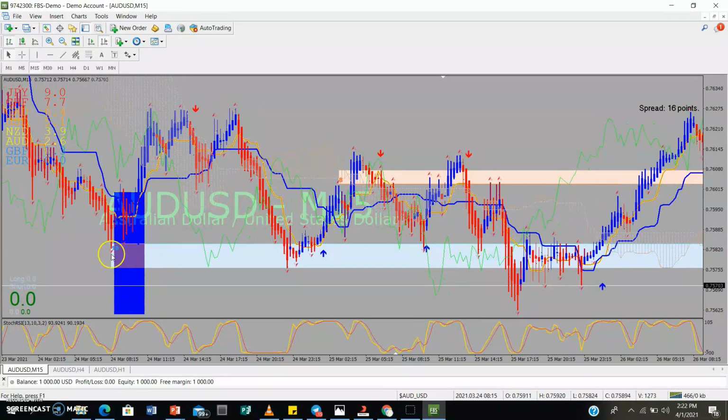At the same time, we were closer to our support levels, right? Once that is done, you enter into your buy trade.